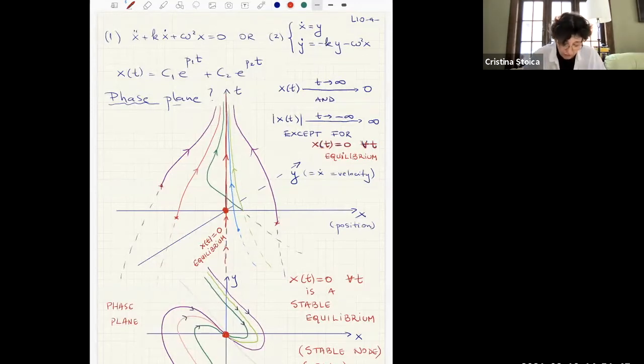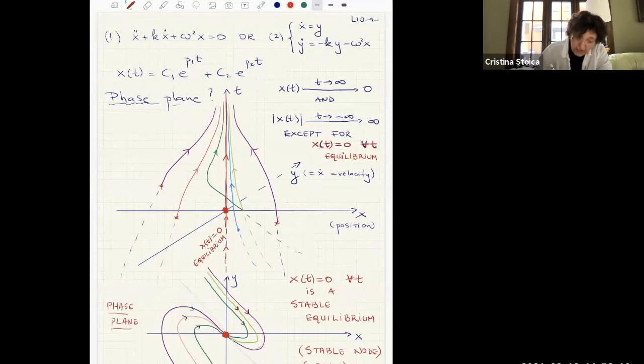And to make sure that I understand where the solutions are going, I put these arrows that are marking the fact that, as time goes, they're approaching this equilibrium solution. Now, I do want to emphasize one thing. When people look at the phase plane, they are tempted to say, oh, look at this violet solution.